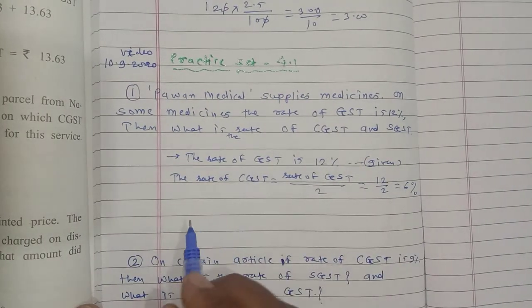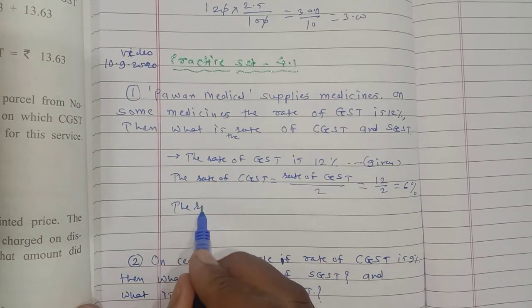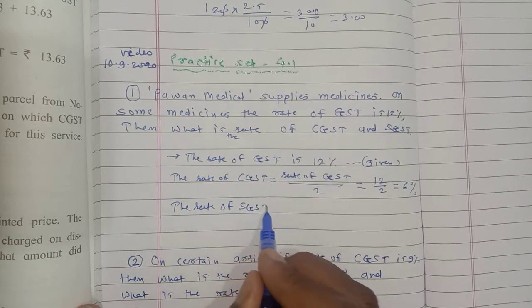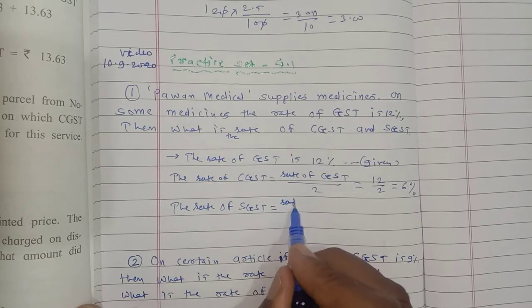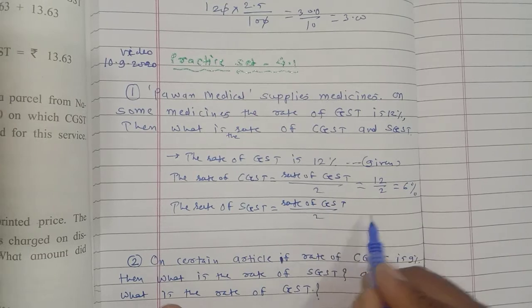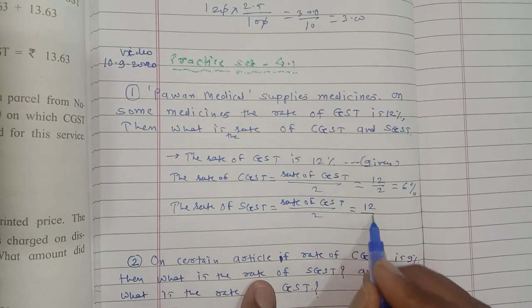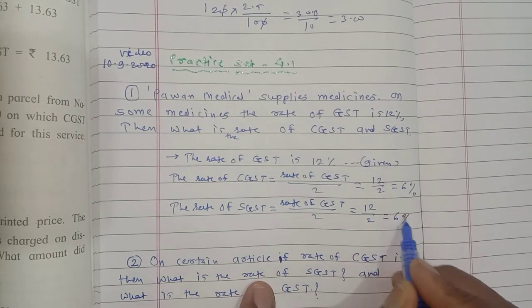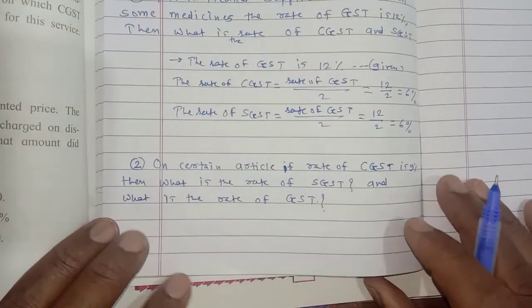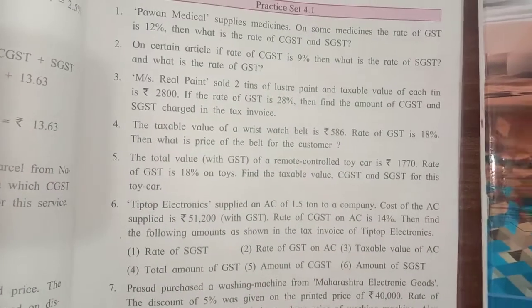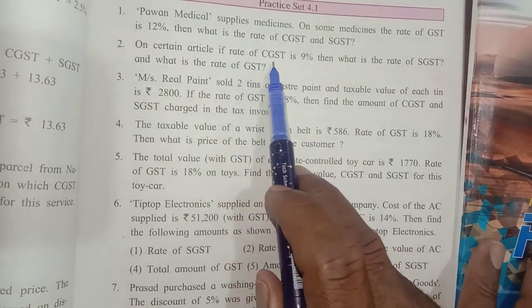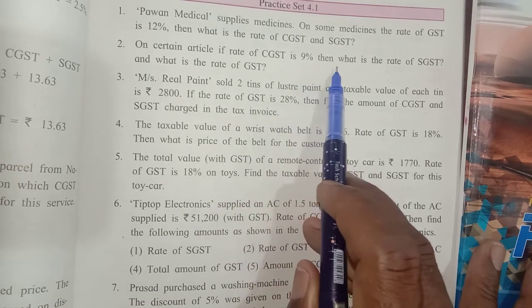Similarly, rate of SGST is equal to rate of GST upon 2, is equal to 12 upon 2, is 6%. This is the first example.